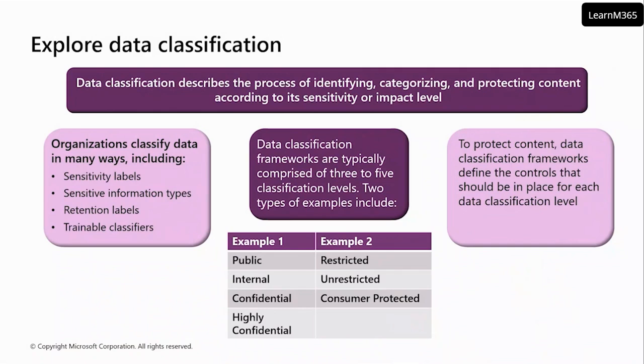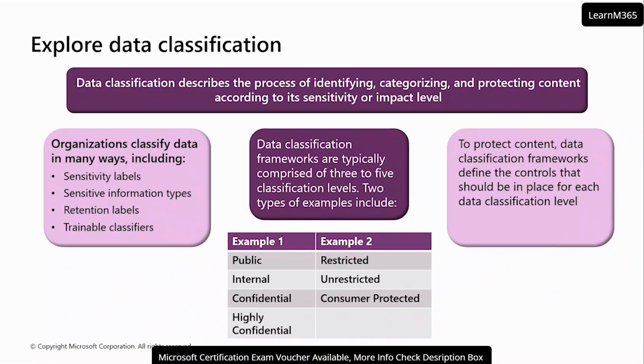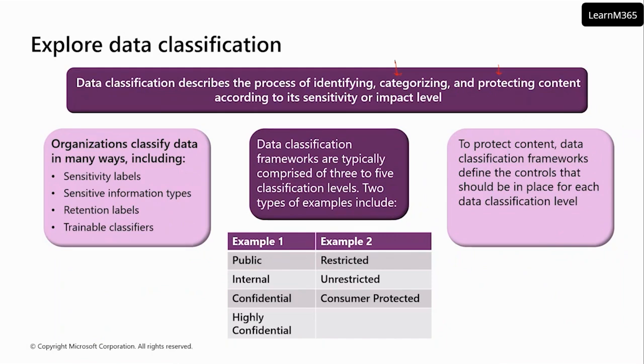Okay, we have also talked about how we can configure this. What are the built-in methods or types? Data classification describes the process of identifying, categorizing, and protecting content according to its sensitivity or impact level. Organizations classify data in many ways, including sensitivity labels, sensitive information types, retention labels, and trainable classifiers.